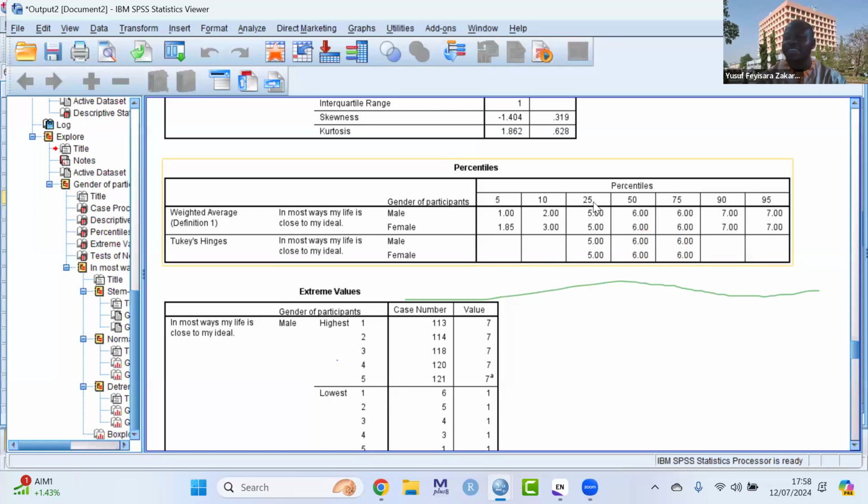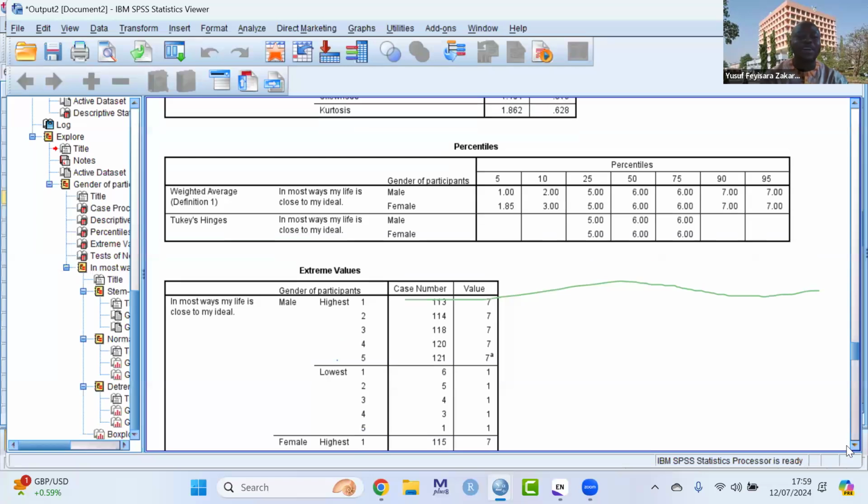Remember, 25 percentile is the first quartile. 50 percentile is the second quartile. 75 percentile is the third quartile. I repeat, remember, 25 percentile is the first quartile, 50 percentile is the second quartile, and 75 percentile is the third quartile.